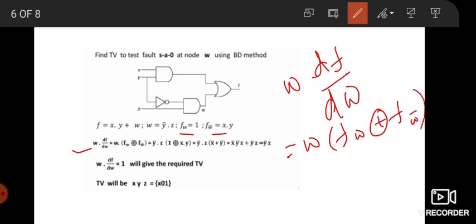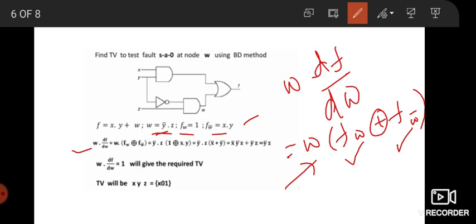We have already found the f of w and f of w bar values. Substitute those values in this expression, where w equals y bar z, into 1 XOR x dot y.